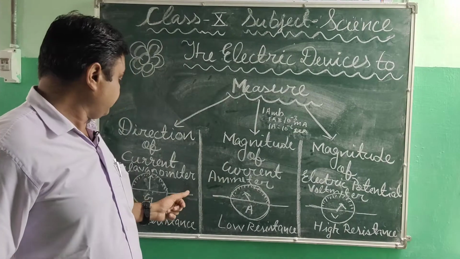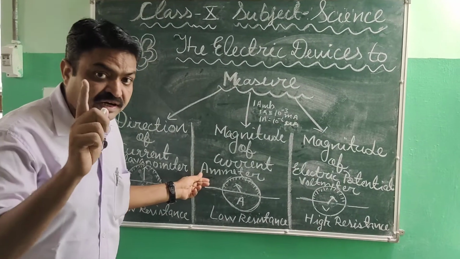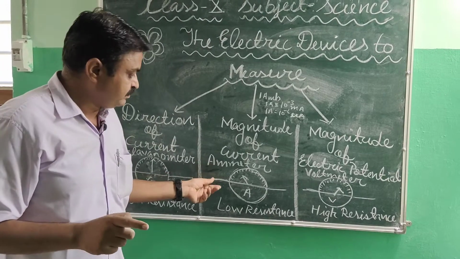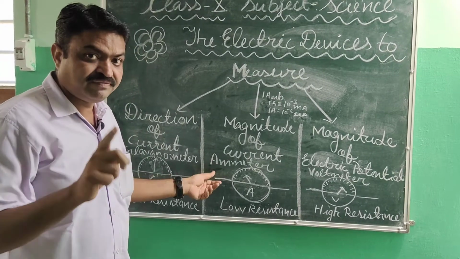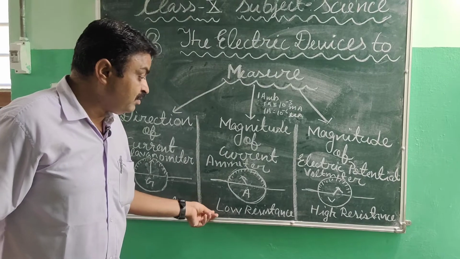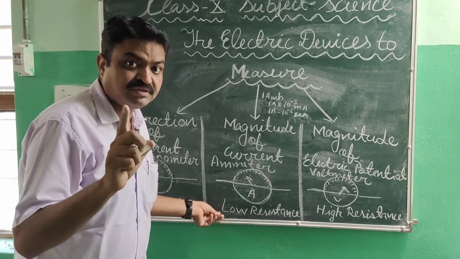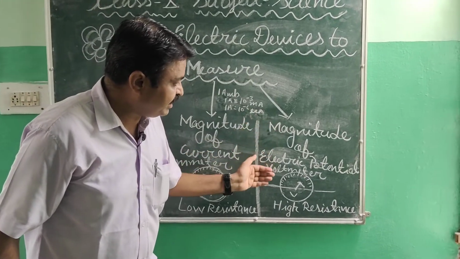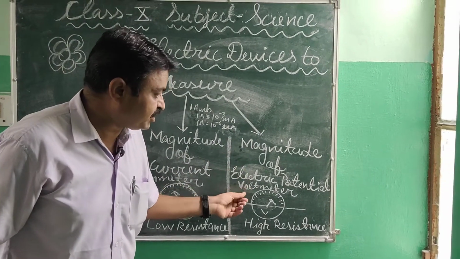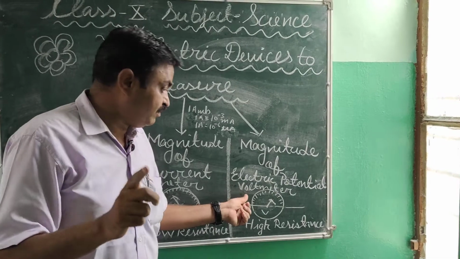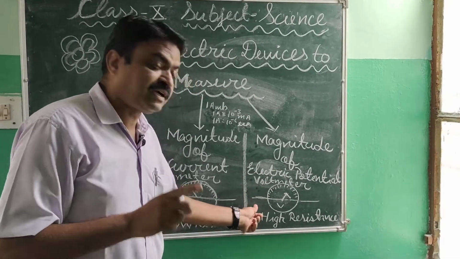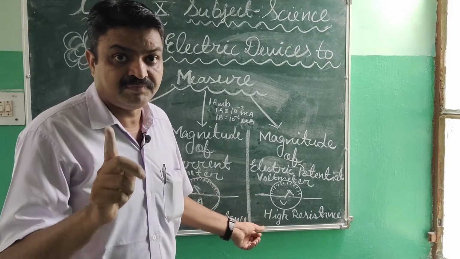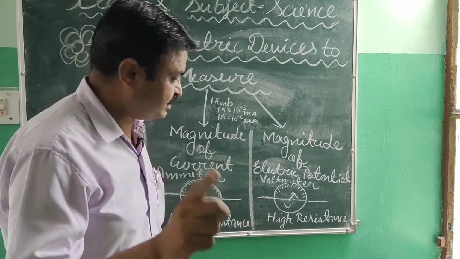Now the ammeter is connected in series in the electric circuit, and it has low resistance. Next, the magnitude of electric potential is measured with the help of the voltmeter, and it is connected in parallel across the resistors.